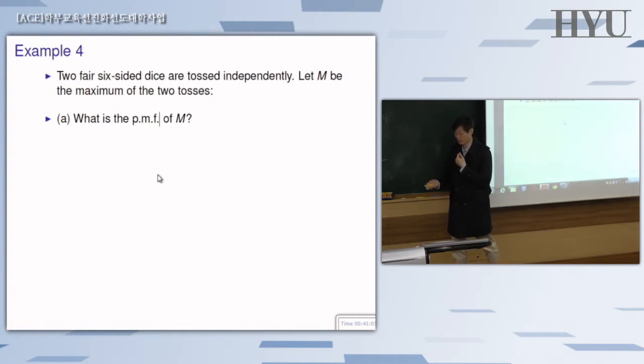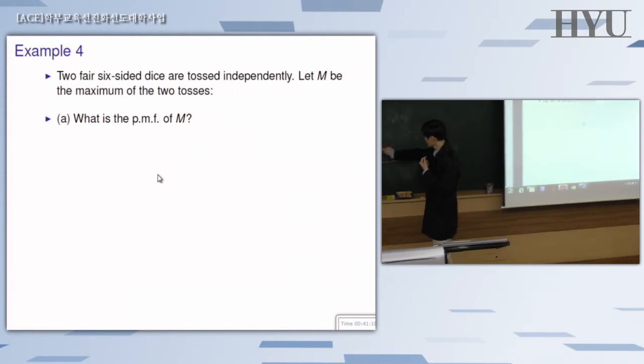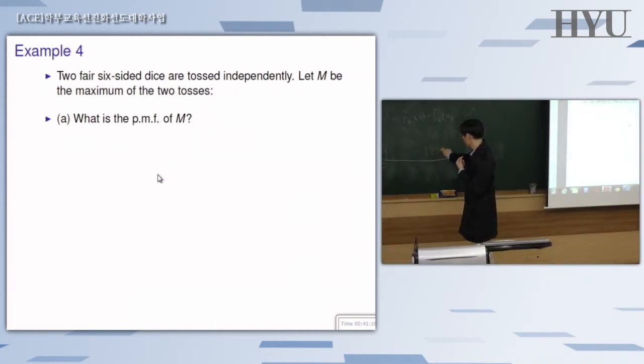You roll 2 dice, observe those outcomes. You're interested in the case that M equals 1. What's the possibility? Yeah, exactly. The only possible outcome for this one is (1, 1). What about M equals 2?